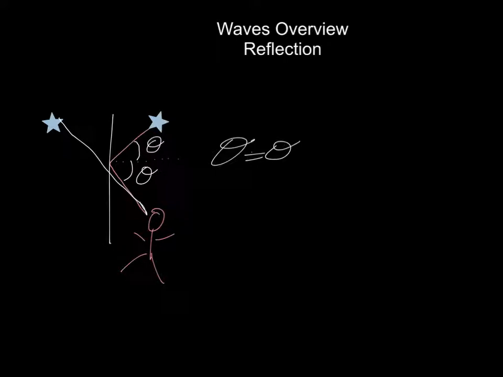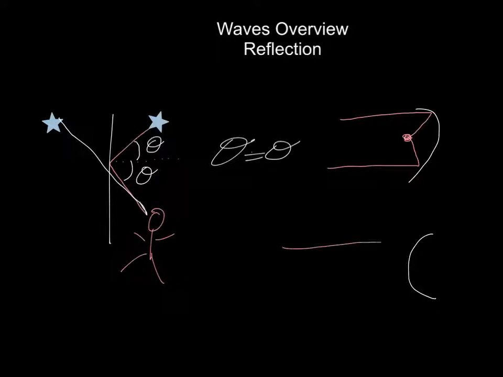So we also talked about other types of mirrors besides plane mirrors, specifically concave and convex mirrors. Remember, concave are mirrors that are going to focus the light inwards. So parallel lines of light are going to come in, bounce off, and be focused towards the middle.